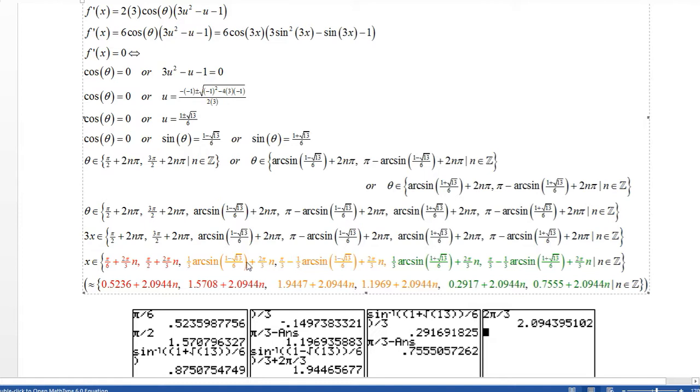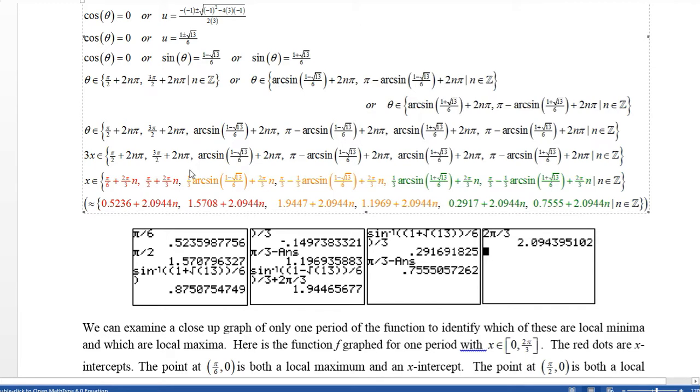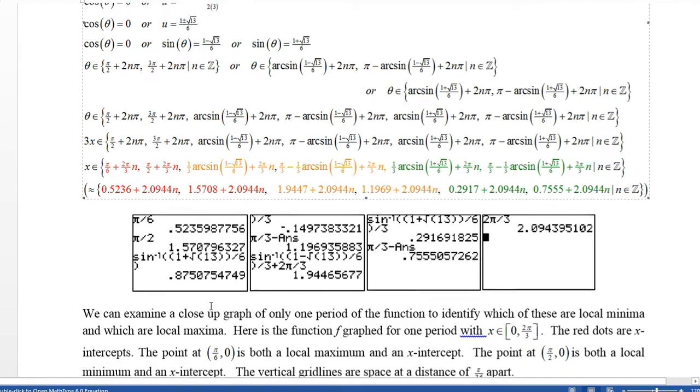If you plug in 0 here, the arc sine of (1 minus the square root of 13) over 6 times 1/3, I think, is negative. So in this case, I let n be 1. So this 1.9447 is where n is 1 up here, and so n is 1 here corresponds to n equals 0 here, but all the others, the n's are the same. Alright, well anyway, you can see I got the decimal approximations by typing some stuff in my calculator. You can pause that and read those if you want.